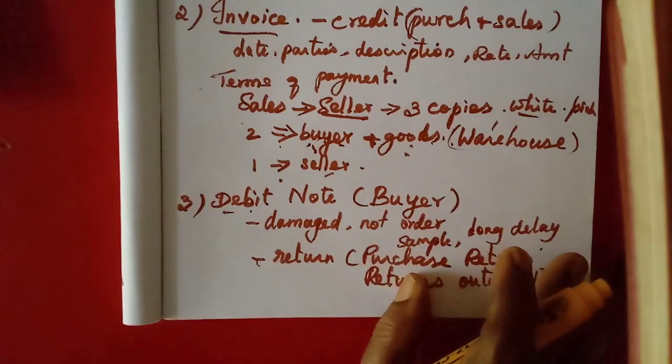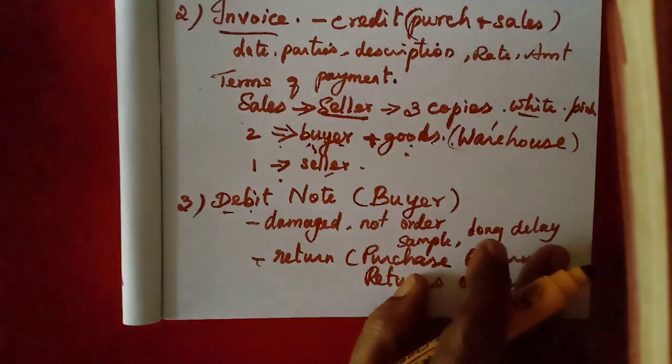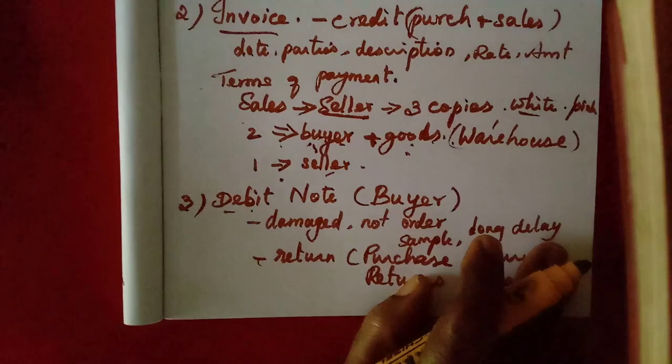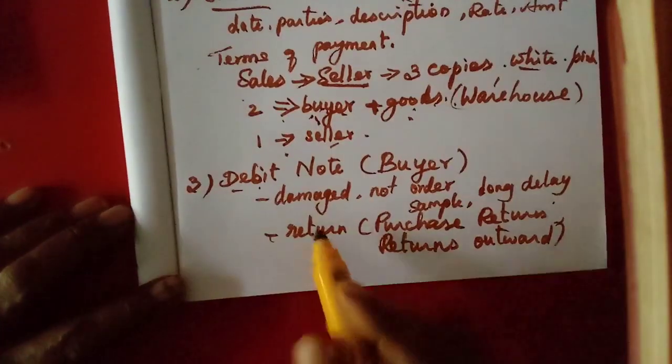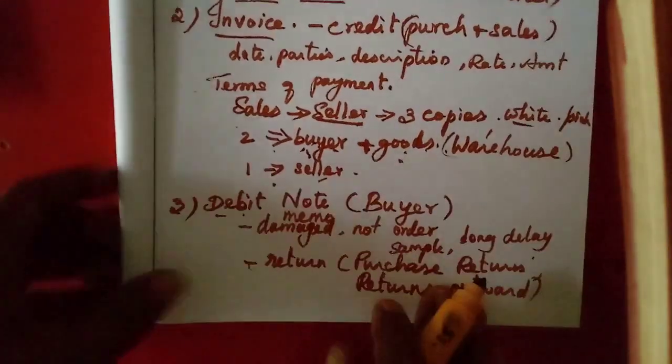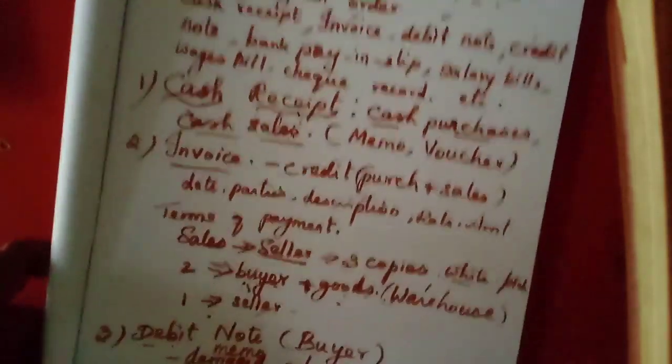Then the fourth document, source document, is credit note. The debit note is also called the debit memo. Fourth one, credit note.